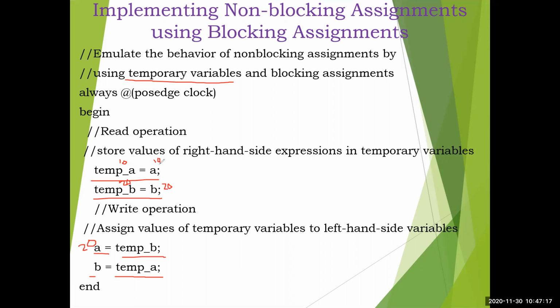Temp A has the value 10, so it is assigned to B, and B gets 10. So this successfully does the same as non-blocking assignments. The only thing is you have to declare the temporary variables. So that is the difference between blocking and non-blocking assignments and how it eliminates the race conditions.